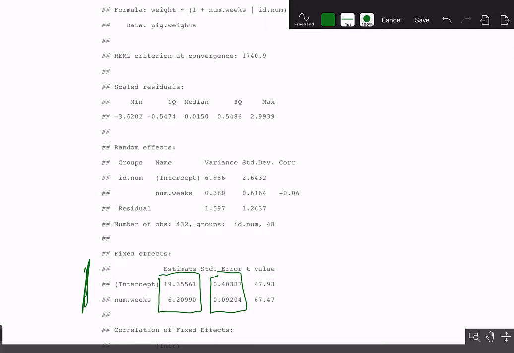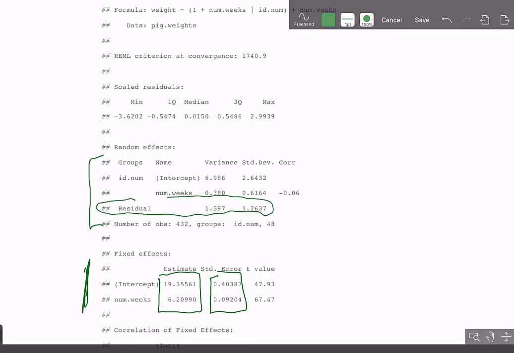The random effects are different as well. We still have a residual variance, that's your sigma squared value. But now we have two other variances as well. First is the variance of your random intercept. That's what we called sigma squared b last time, but I'm going to call it sigma squared b0 to indicate that it's the variance for the random intercept.